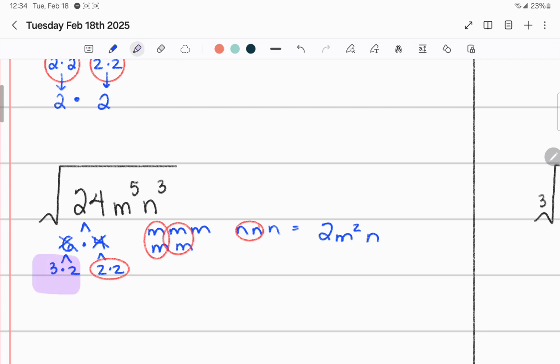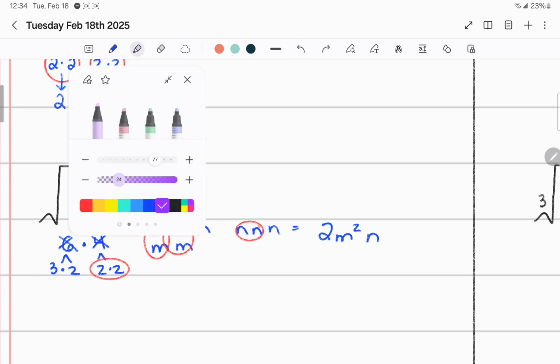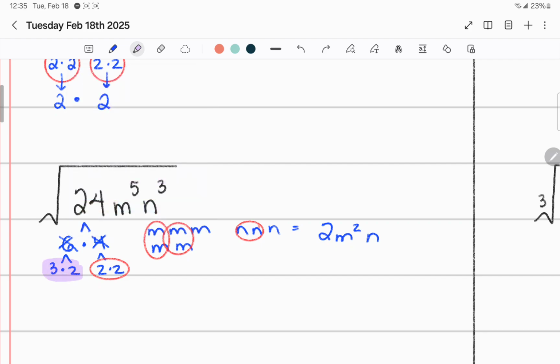Now what's left over? We have 3 and 2 that did not have partners, M and an N. Again, I cannot take out 3 and 2 because they need another 3 or another 2.